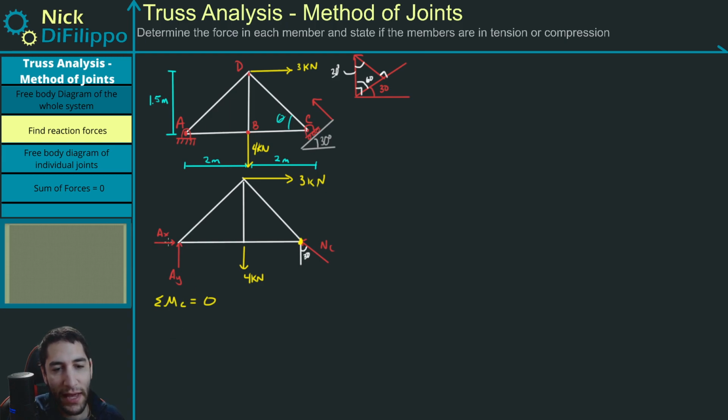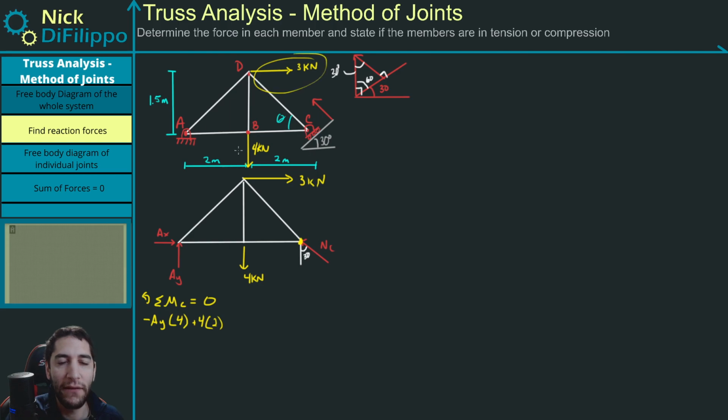AX goes through that point. And let's say this is my positive rotation. I'm going to have minus AY times this distance, which is 4 meters. Okay, I'm going to have a plus 4 kilonewtons, it rotates head first, times 2 meters, the perpendicular distance.